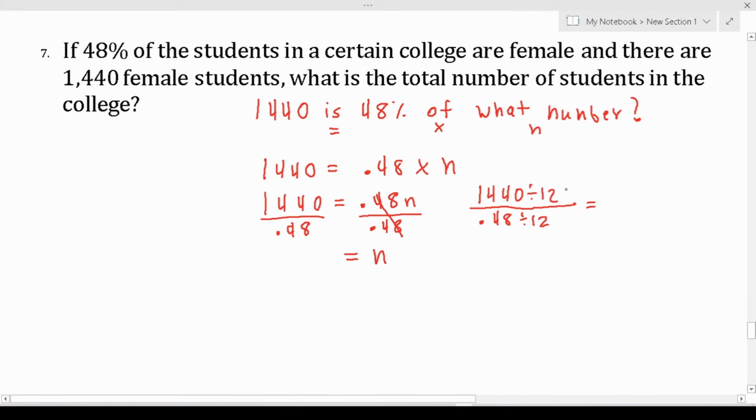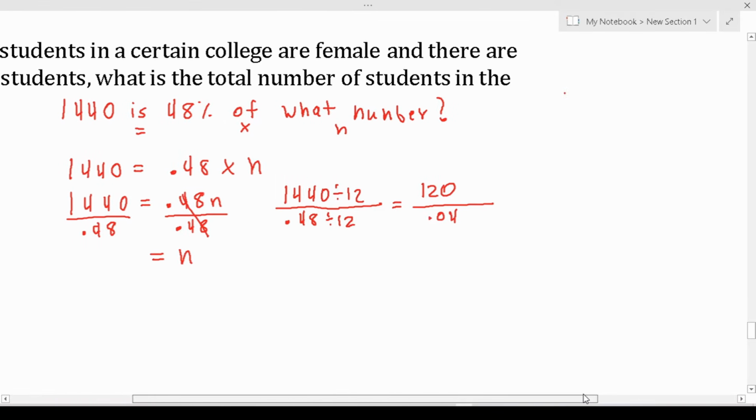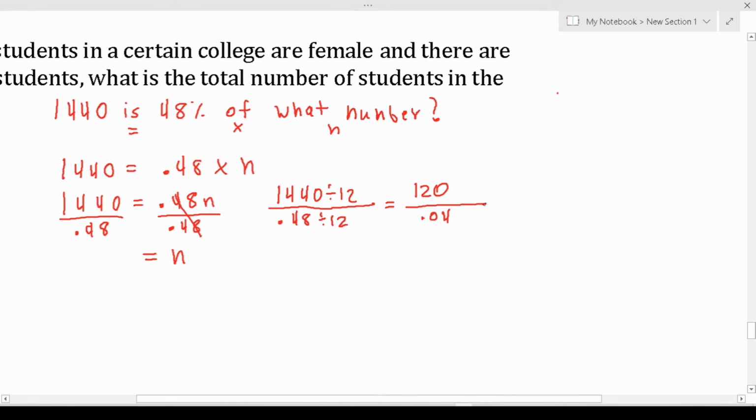12 goes into 144 12 times, therefore it goes into 1440 120 times. You just tack on that extra 0. 48 divided by 12 is 4, therefore 0.48 divided by 12 is 0.04. And we can actually reduce this even more.